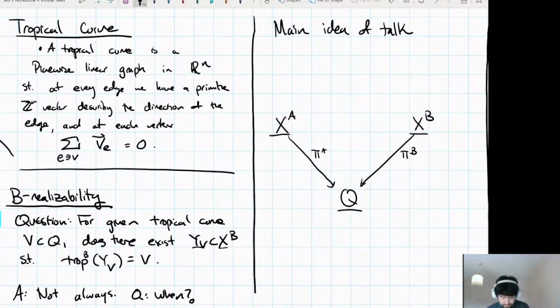We described how we can build a symplectic space XA such that XA and XB both have these fibrations over Q. And I've just described that there's an interesting relation, which is when I start with Y inside of this, then we have a tropicalization problem, trop B, which winds me up with something V inside of here, which is a tropical subvariety. And there's this question, which is can I realize this thing? And the answer is not always.